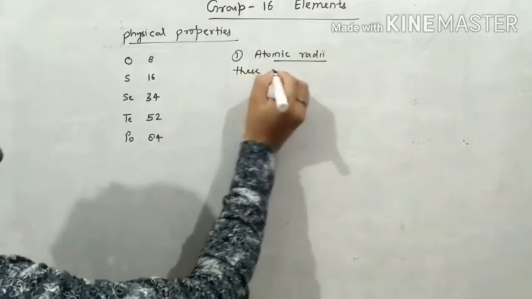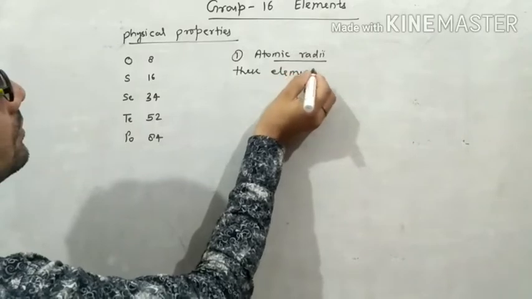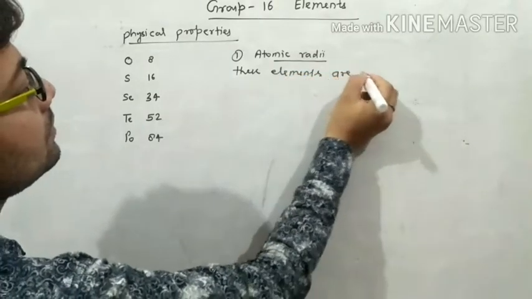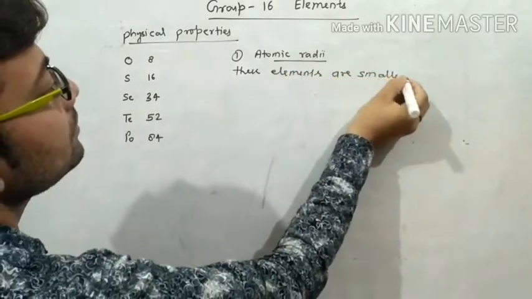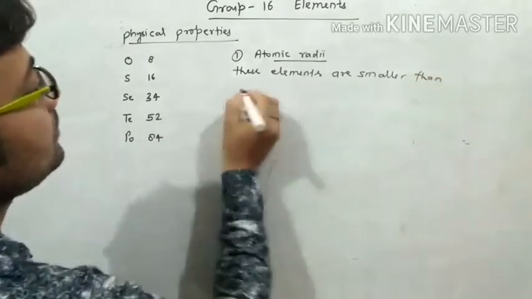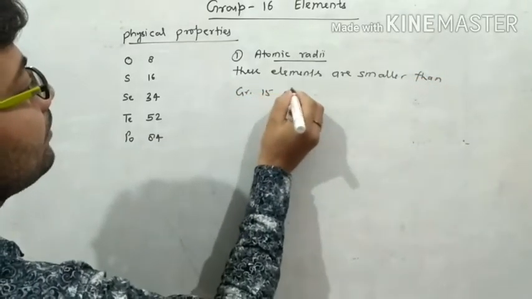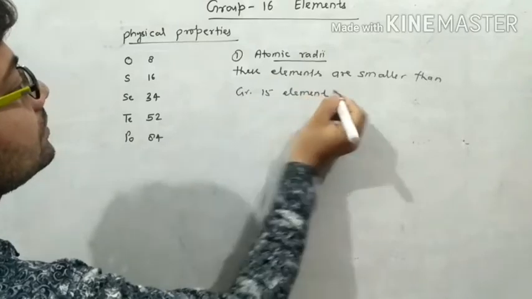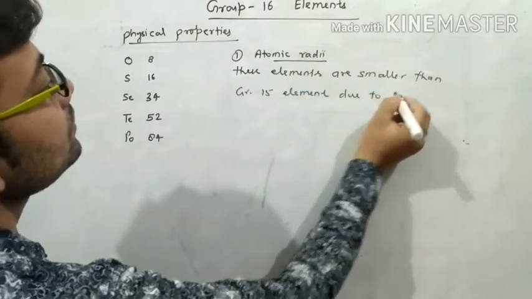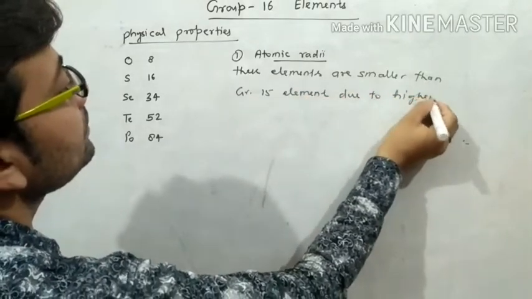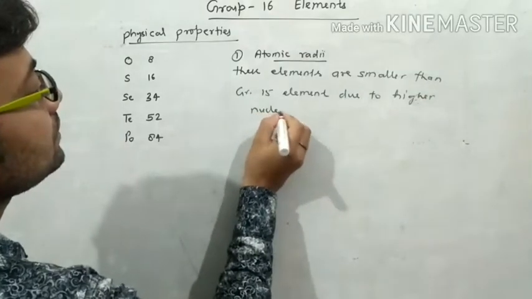These elements are smaller than group 15 elements due to higher nuclear charge.